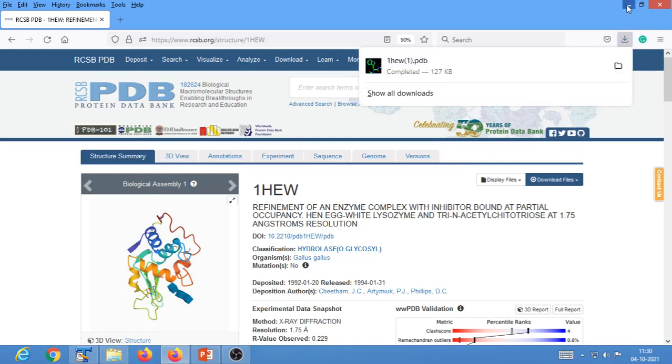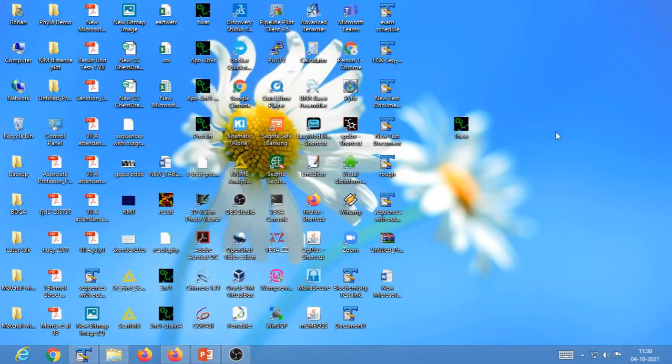I have already downloaded it, and I have placed it on my desktop for the sake of simplicity. So this is what we need. Usually for structural visualization there are many options available, and many computer software that you can use.